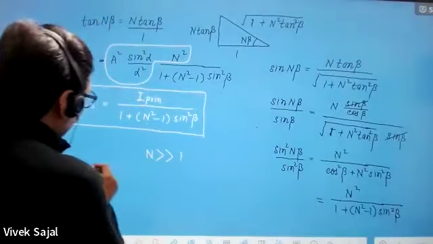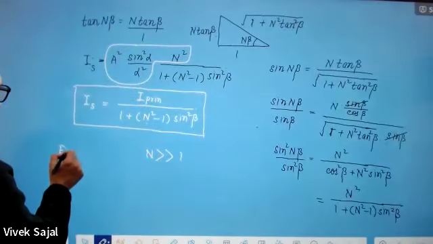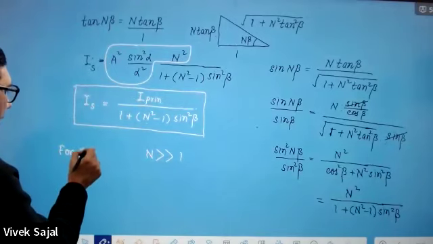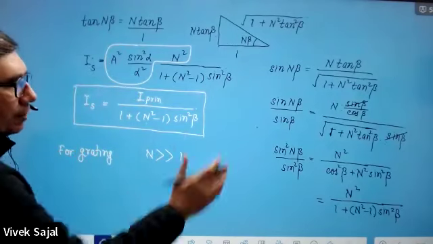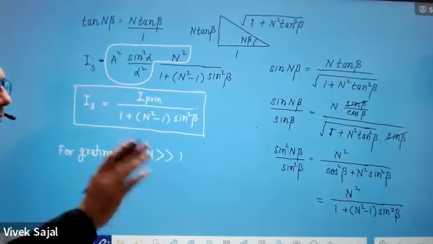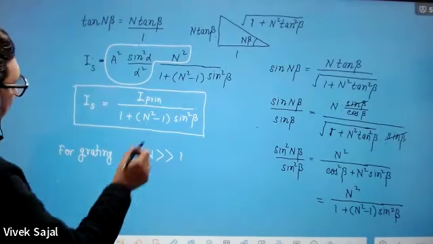For grating, this n is very, very large, huge, 10 to the power 3 or 10 to the power 4 like this.